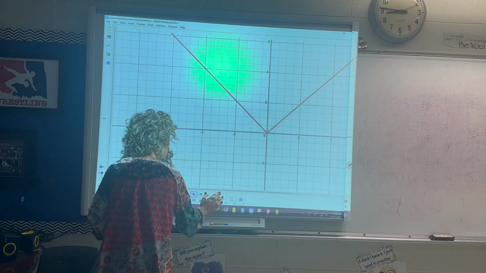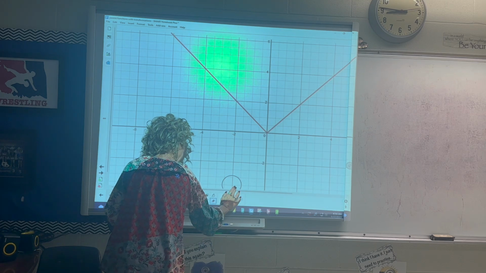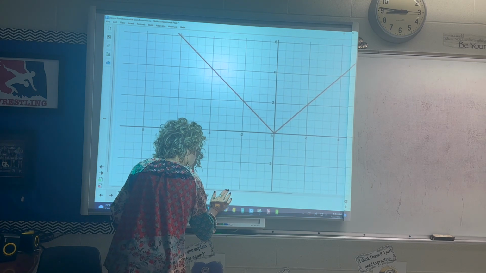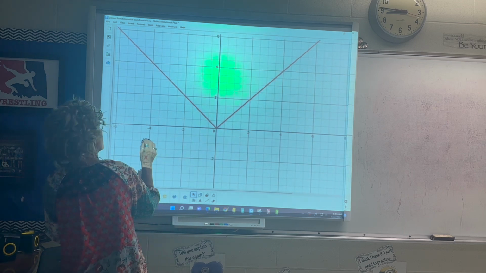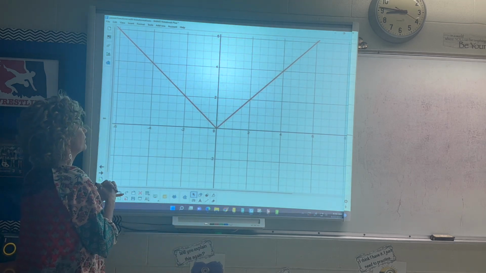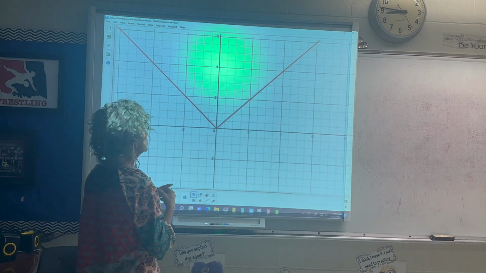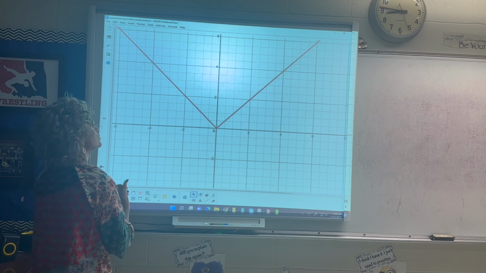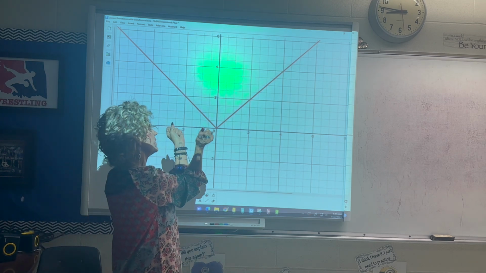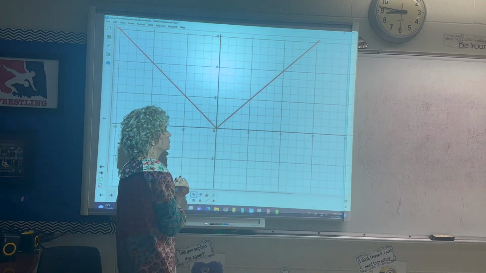Let's scoot this over just a little bit more, okay? This is a picture of what our parent function of our absolute value looks like. The equation for this is f of x equals the absolute value of x. We have seen this, we have done this, a nice pretty V. Our vertex is at 0, 0.